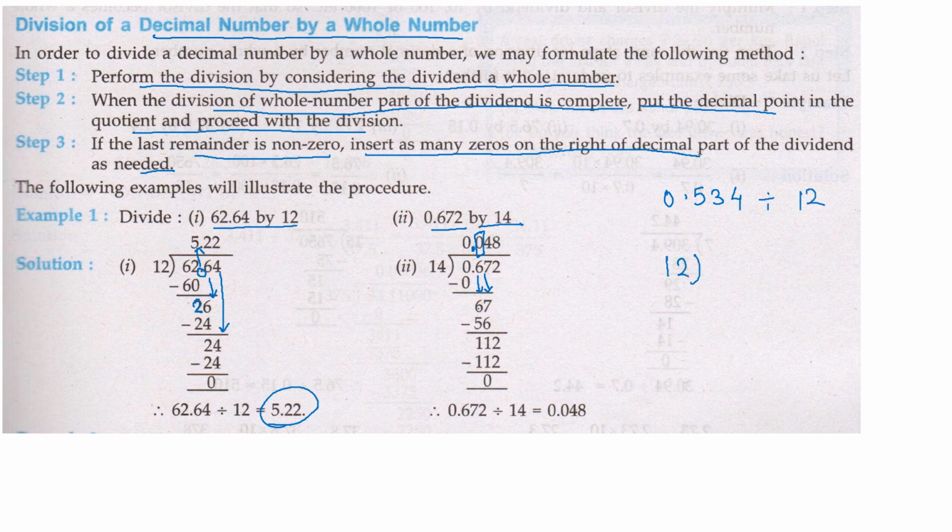Now what? 12 into 0.534. So 12 zeros are 0. What is left is 0. Now this decimal is here. After doing this part, I will put the decimal in the quotient part, and then I will write 5. Oh, sorry, not 5. 5 will not come here. 5 will be copied here.